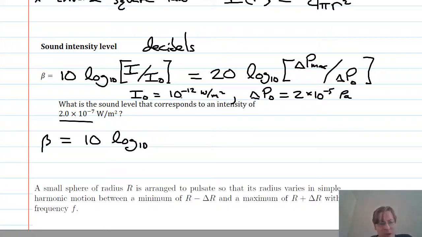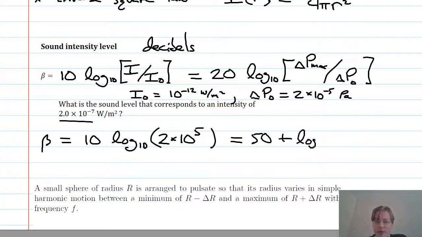So I divide by 10 to the minus 12, and that gives me 2 times 10 to the 5. It's kind of helpful to just use log of A times B as log of A plus log of B, and then I get 50 plus log of 2, log base 10 of 2, which comes out to be 53 decibels.